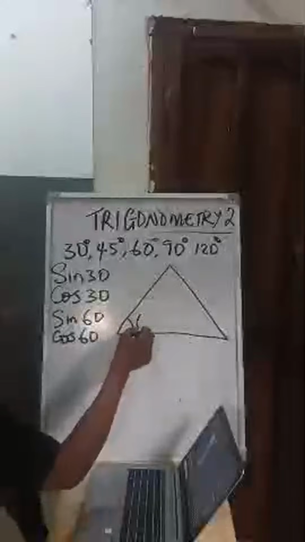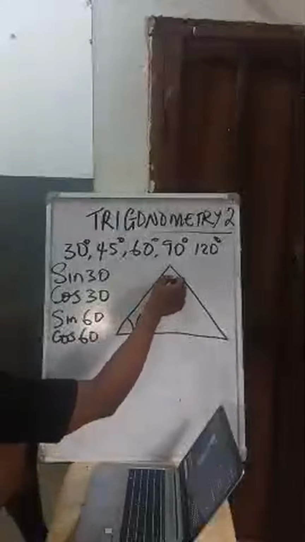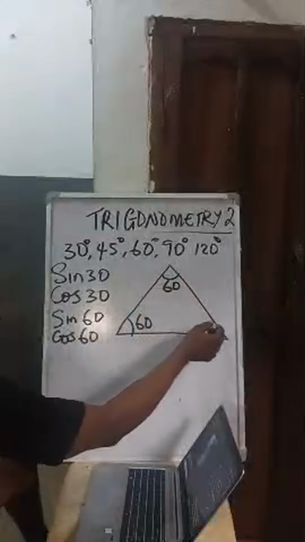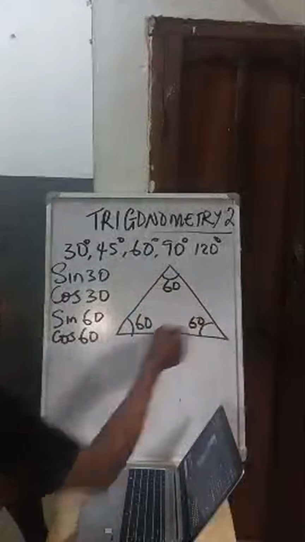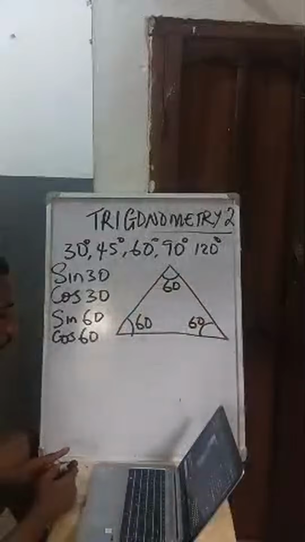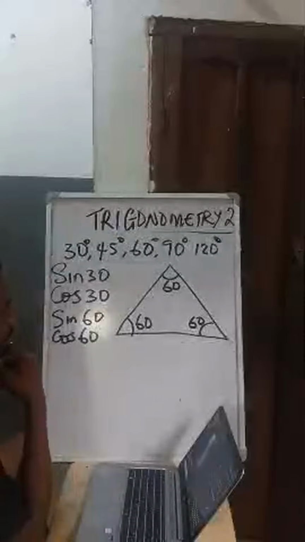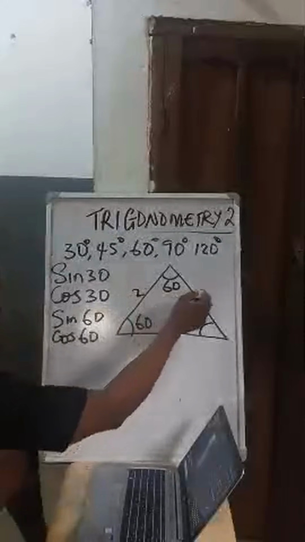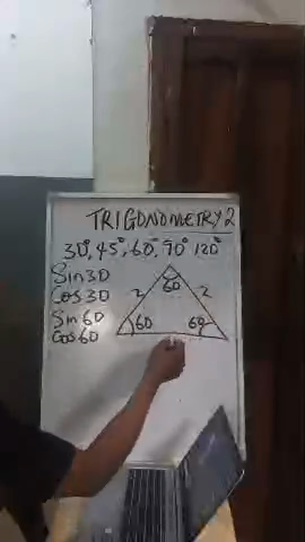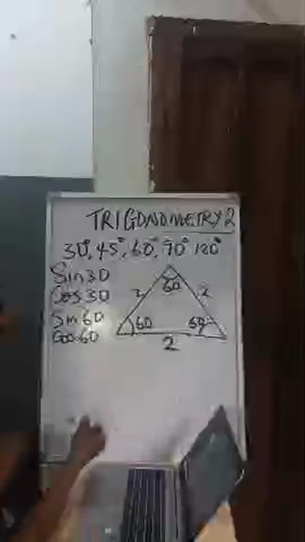Here, 60 degree. Here, 60 degree. Here, 60 degree. This is equilateral triangle. And we take the sides to be 2, 2, 2.